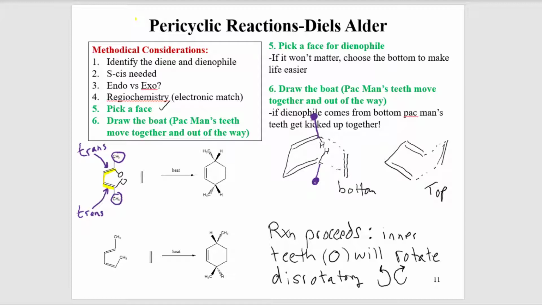What does that mean for us? Well, it means that the effect is that Pac-Man's teeth, those two white ones in the middle, if the approach of the dienophile is from the bottom, which I told you to pick a face, any face, think of it as kicking the teeth, the teeth get knocked up. So if the dienophile approaches from the bottom, the inner two teeth get knocked up.